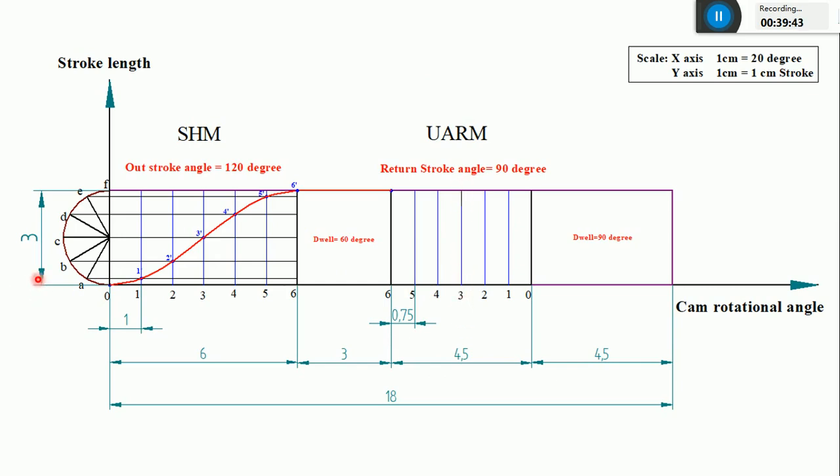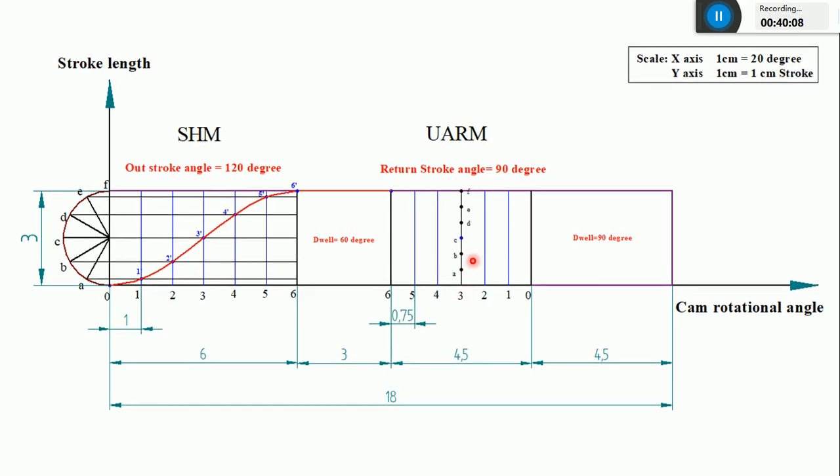It is 3 centimeter. I'll divide this vertical line into 6 equal parts like this. So each is 0.5 centimeter, 0.5, 0.5, 0.5. Total is 3 centimeter. And after that, I'll give the namings, that is A, B, C, D, E, F.